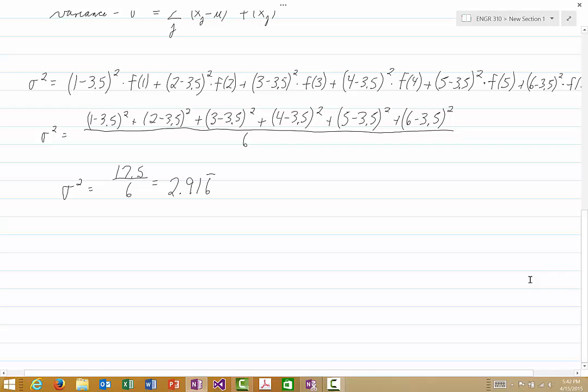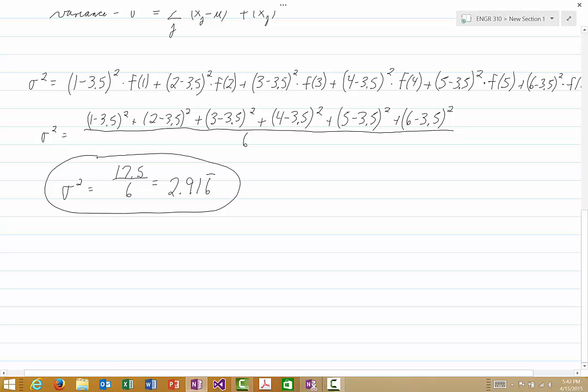Okay, so unless I've made an error, when we sum up those terms in the numerator, we get 17.5, and therefore the variance is 17.5 divided by 6, or 2.916 repeating. And that's how we would calculate the variance of a discrete random variable.